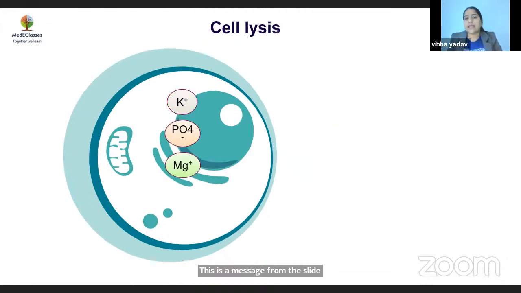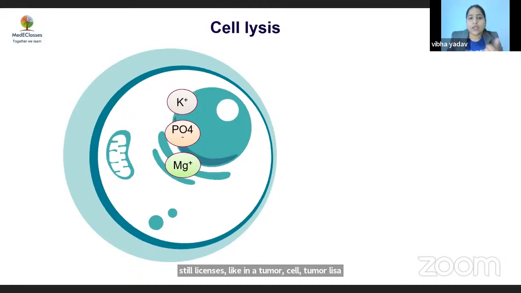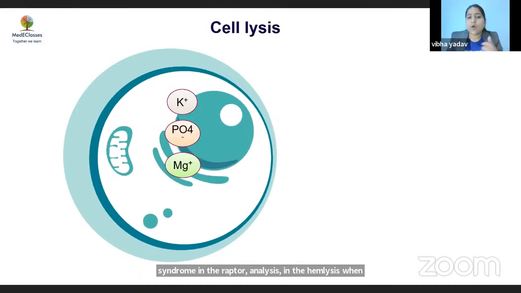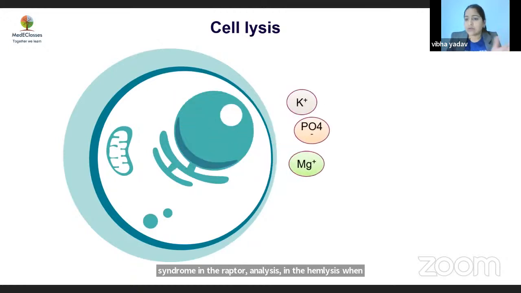So what happens in cell lysis? Why does cell lysis cause hyperkalemia? Let's see. As we all know, potassium, phosphate, and magnesium are all intracellular ions. So in conditions of cell lysis, like tumor lysis syndrome, rhabdomyolysis, and hemolysis, when the cells are lysed, all these intracellular ions are released into the circulation, and that causes hyperkalemia, hyperphosphatemia, and hypermagnesemia.